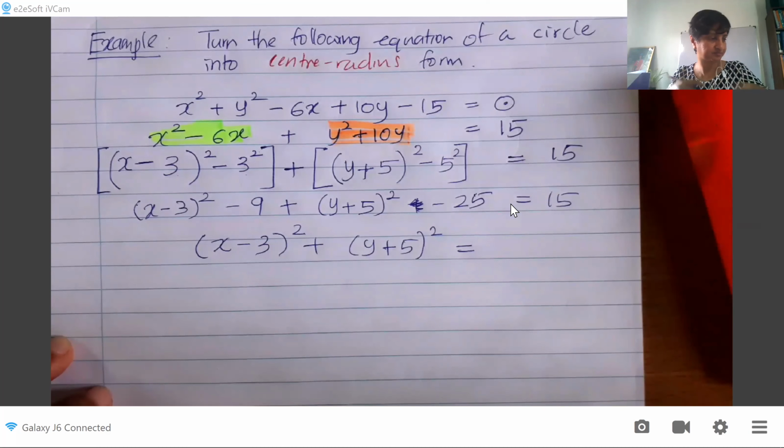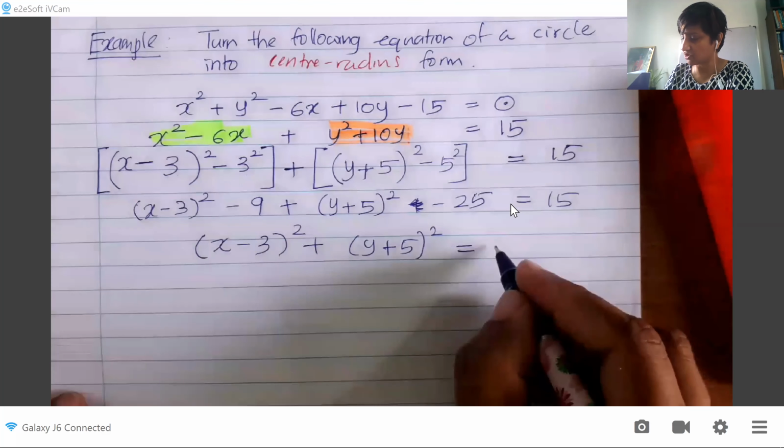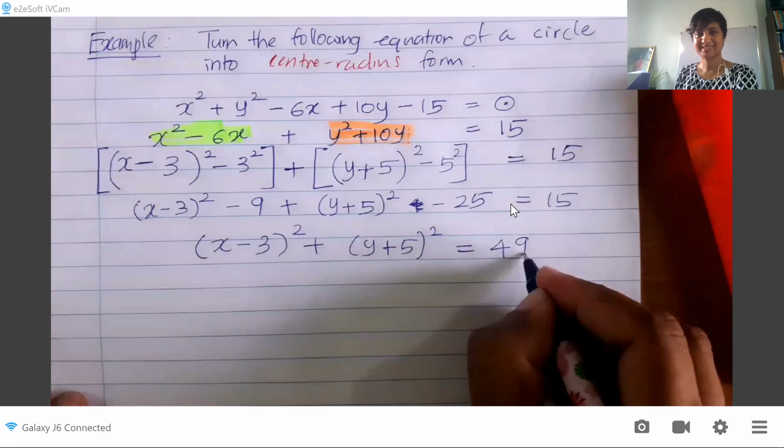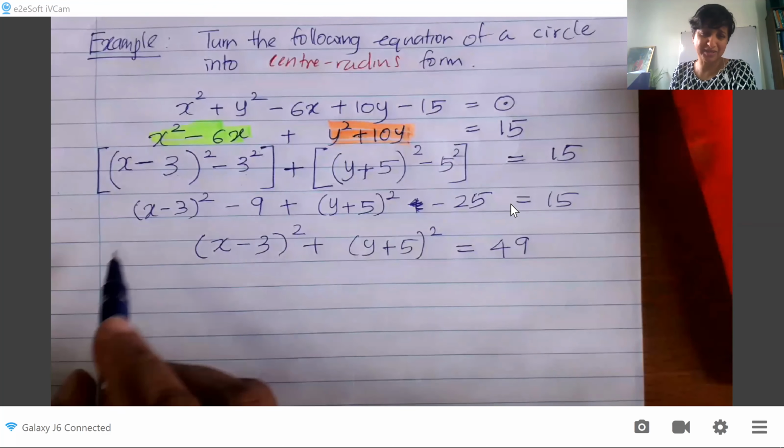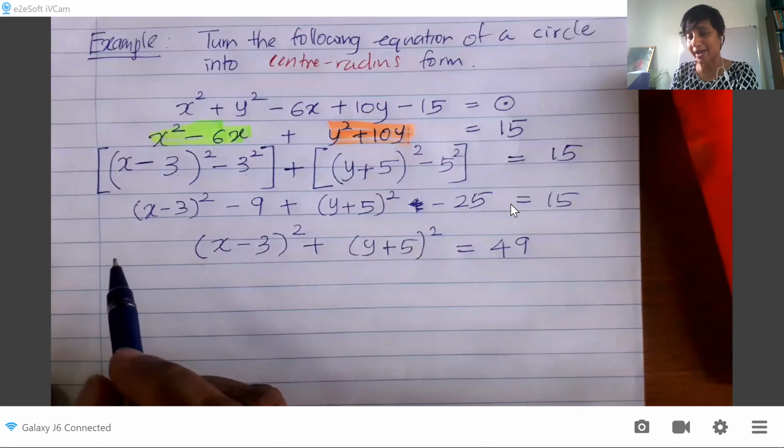How much is that? 15 plus 9 plus 25. So I will straight away write, I think that is 49. See the usefulness?